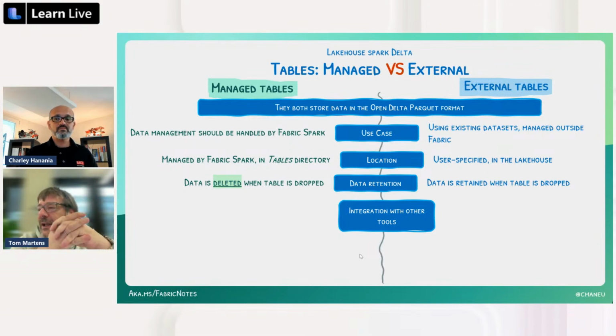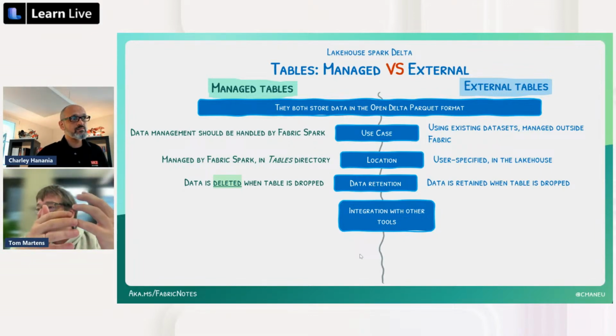Maybe sometime in the future I will change my mind, but you should use external tables only in certain cases. In Fabric there is a workspace, and I always consider a workspace as a solution.